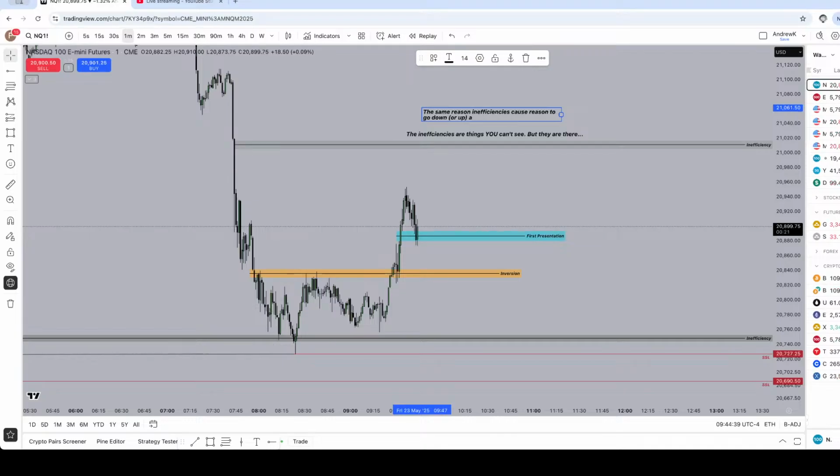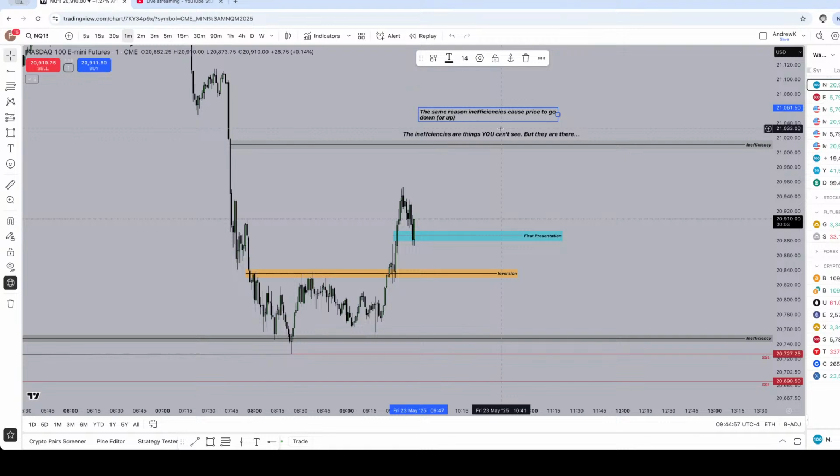Same reason inefficiencies cause price to go down or up. Sorry, my brain is a little off right now. Same reason inefficiencies cause price to go down or up. Yes.